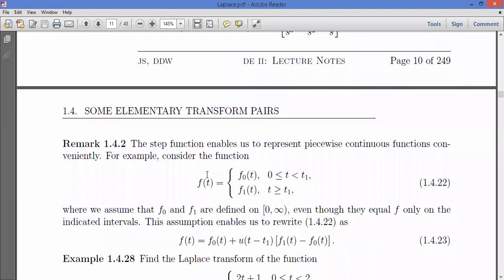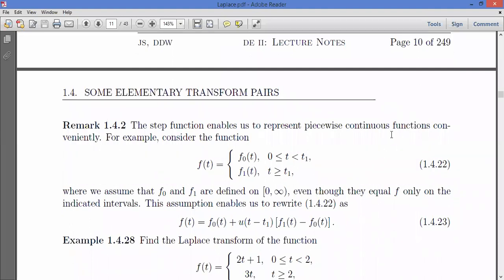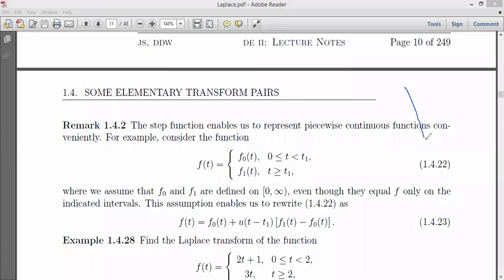If we look at the remark, we are saying the step function enables us to represent piecewise continuous functions conveniently. For example, you have something like this here. So if we have a quick demo of that, let's say we have a function, a certain function f.